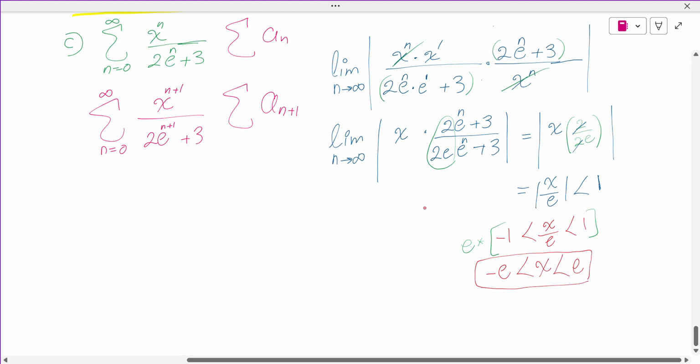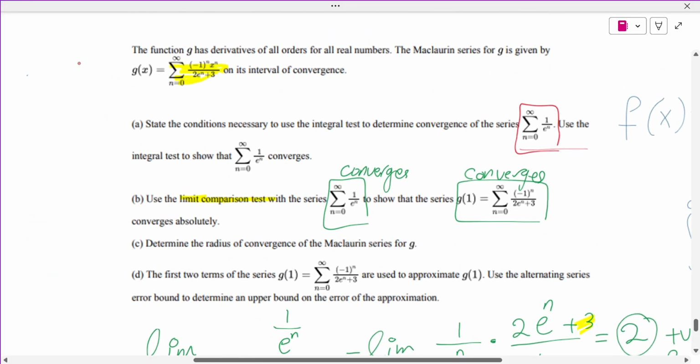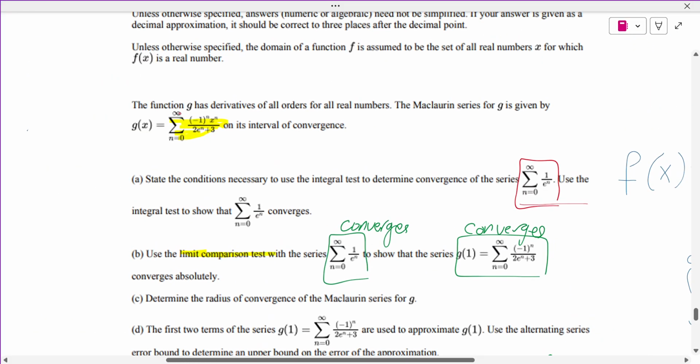half of this interval, right? Half of this interval. Now, if you look back at the series, what's the center of this power series? 0, right?